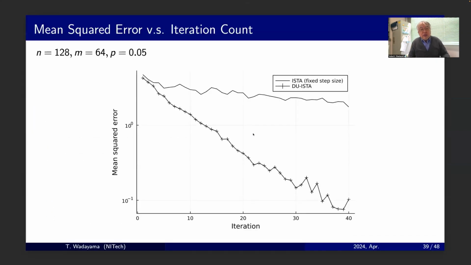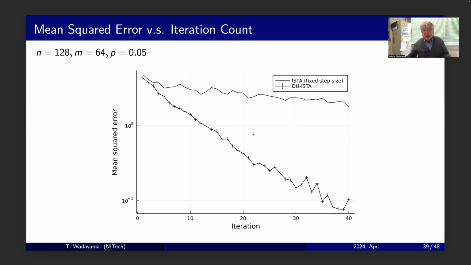This figure shows the relationship between the MSE and iteration count of DU-ISTA. The horizontal axis represents the number of iterations, and the vertical axis represents the MSE. The upper curve indicates the MSE performance of the original ISTA. The lower curve corresponds to the MSE performance of the DU-ISTA.